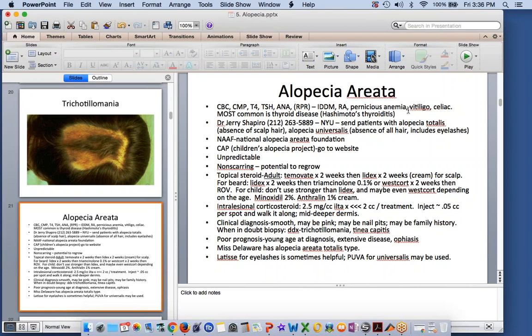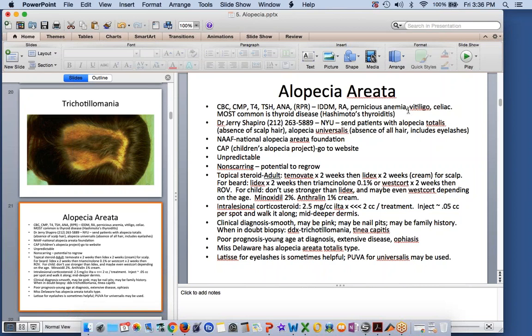When you have diabetes, you get hair loss because there's a decreased vascularity to the hair follicle. When you have a positive ANA, you get hair loss, as we could see in systemic lupus and even discoid lupus.